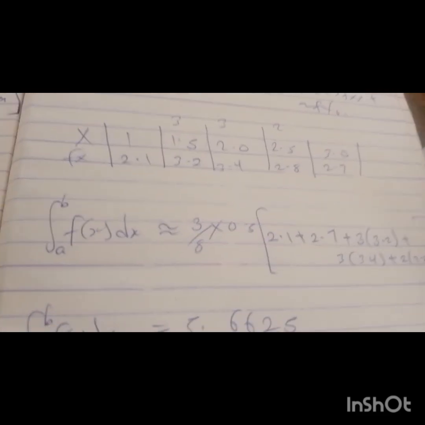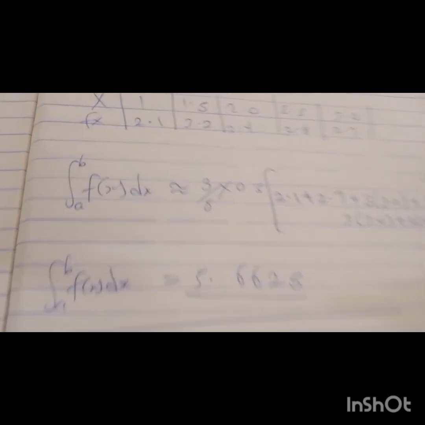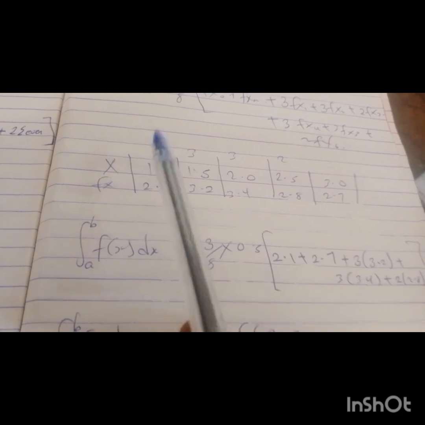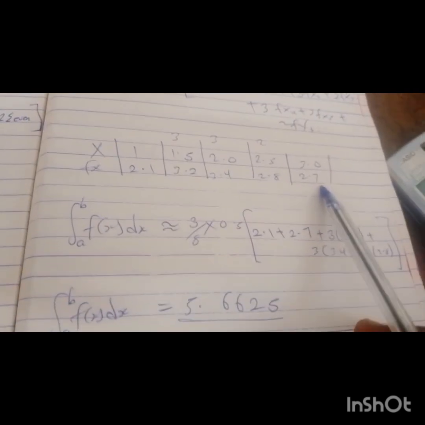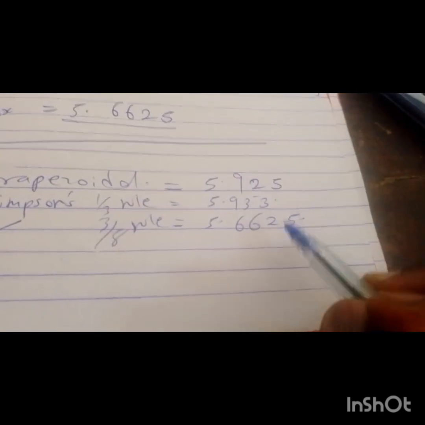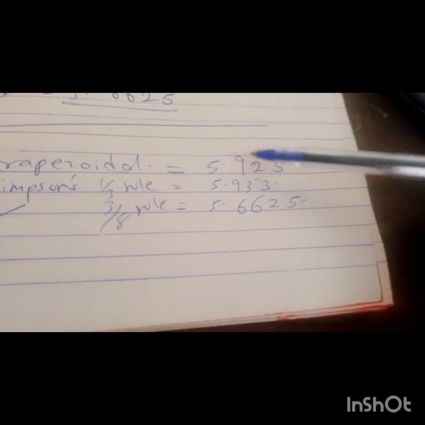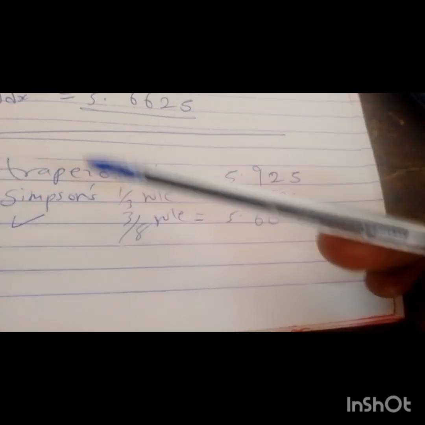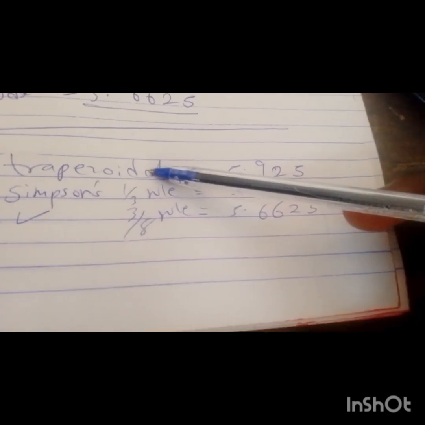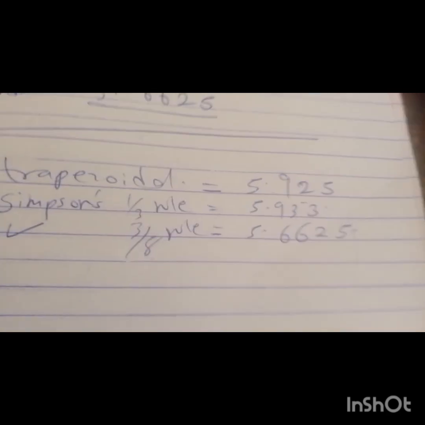Then integrate that curve, see the area we get from 1.0 to 3.0, and compare it to these three values. Then we can make conclusions on which one is the most accurate. So you can't say that these two values are closer, so the 1/3 and the trapezoidal rule are most accurate. That was just an addition.